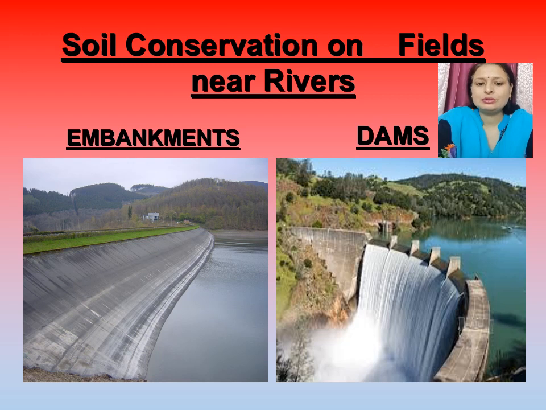Students, dams also help in collecting flood water instead of letting it go into the fields and causing soil erosion. I hope the different methods of soil conservation are clear to you all now. Soil erosion and soil conservation are opposite to each other. In the coming slide, you will come to know about the importance of soil.